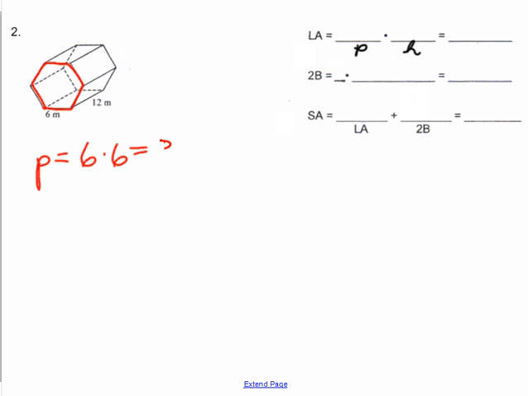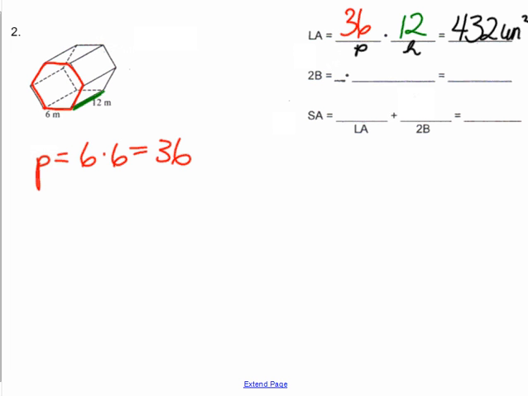So that equals 36. And then the height, remember that's the distance between the two bases. There's the height. So that's 12. So we're going to take that 36, pop it in here, 12 right here. And when we multiply that, we get 432. That's units squared also.